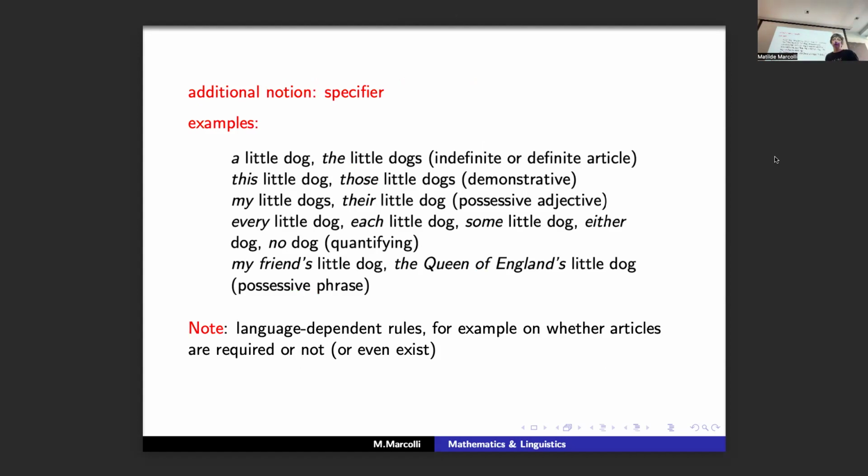There are other notions, for example, specifiers. Normally they refer to things like articles, demonstratives and possessive adjectives, and quantifiers, the way to make the possessive phrase. And this of course already involves some language-dependent rules.